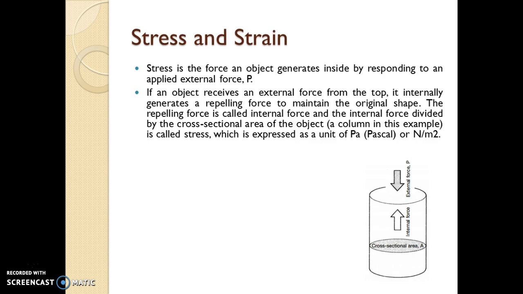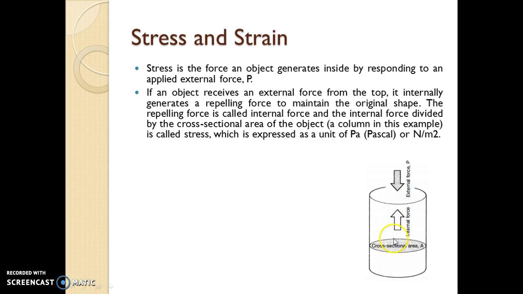So let us understand what is stress and strain. To begin with, let's understand what is stress. For that, consider this column wherein we are applying external force in form of pressure at this point of column. Now this column will always try to exert an opposite force, which is called internal force.